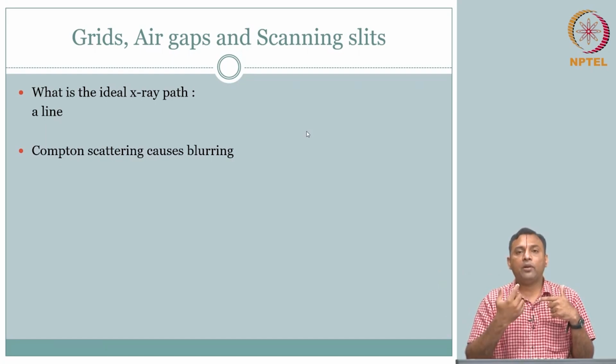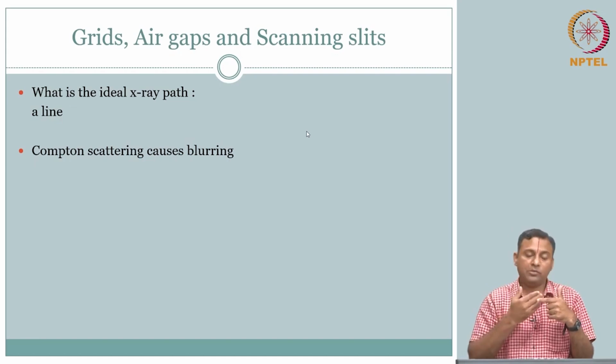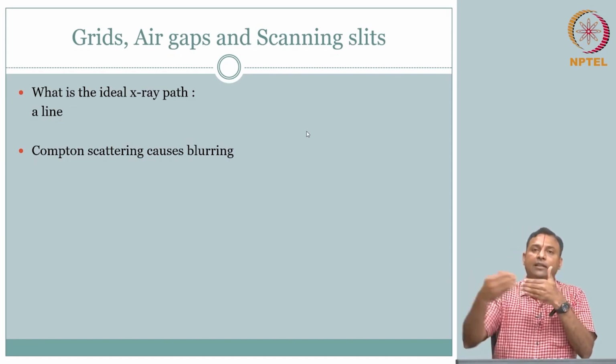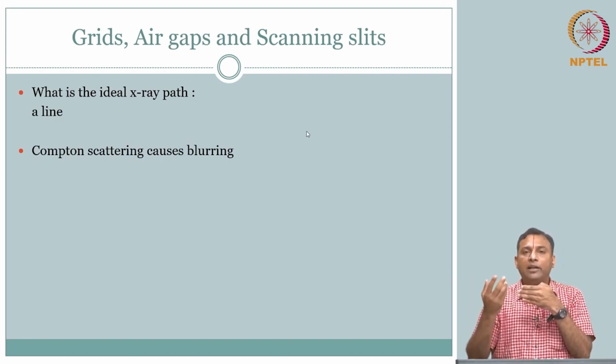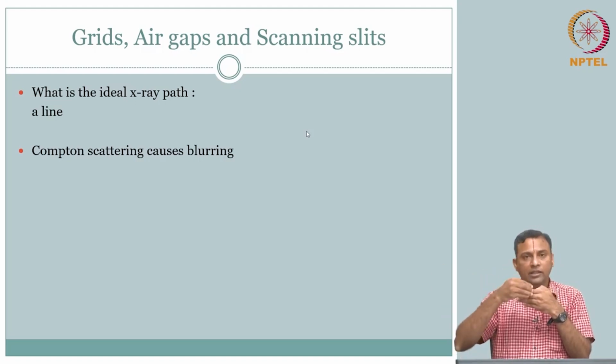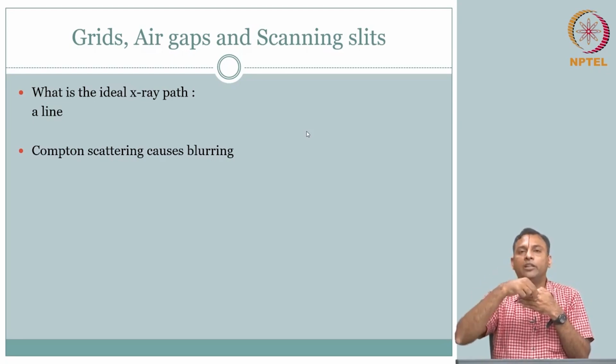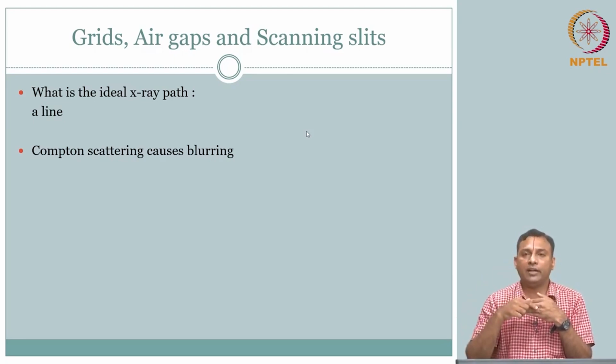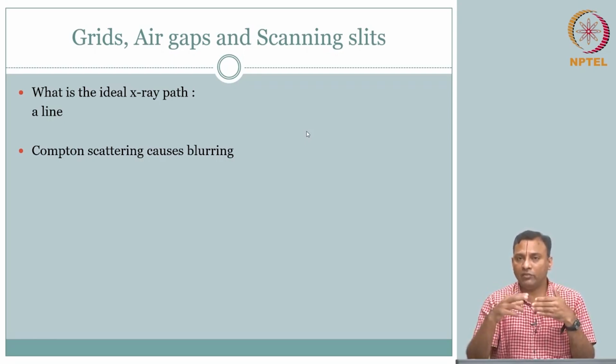The detector is just receiving it, and I do not know, so my model can only assume it came from the straight line. So essentially your blurring increases and your resolving capability goes down. There is blurring because of Compton scattering.